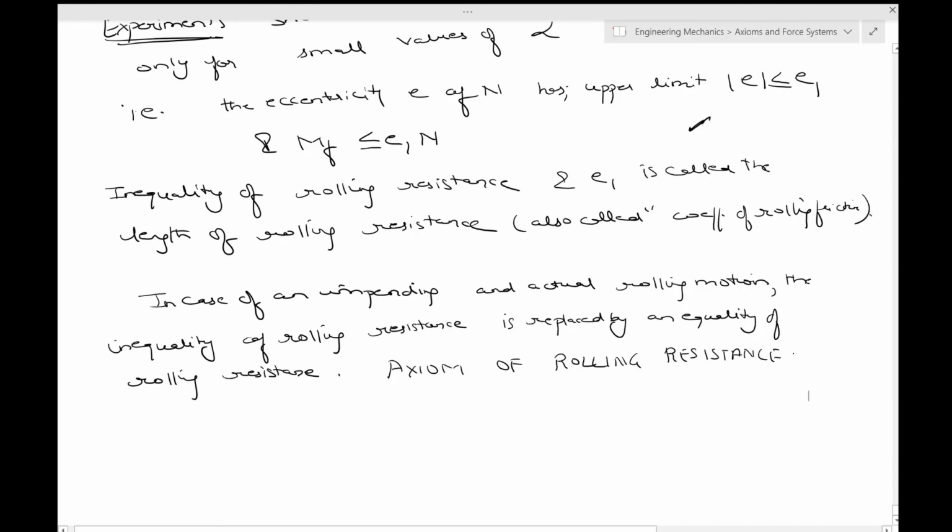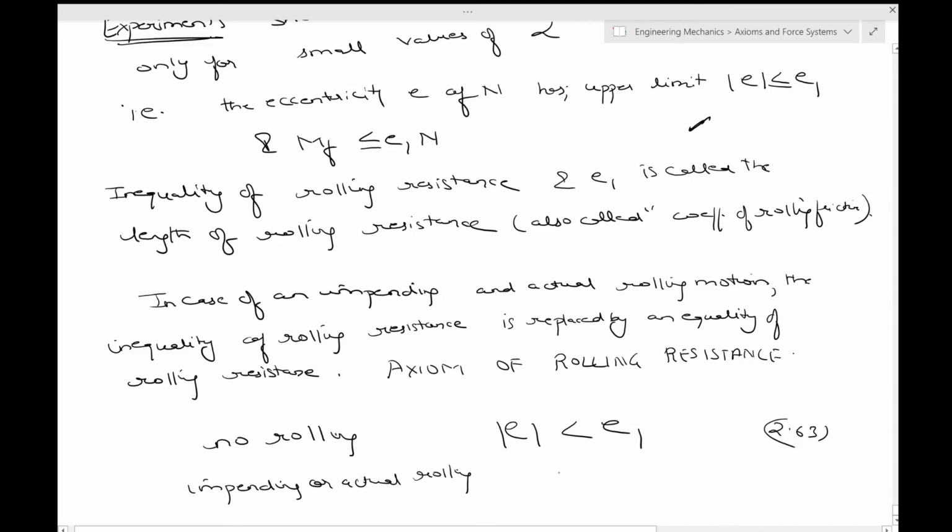So if a body tends to roll over another body, like the case which you have seen, then the resultant normal force N acts through a point at a distance E ahead of the ideal line or point of contact in the direction in which impending or actual subsequent contact occurs. So for no rolling, E will be smaller than E1, and for impending or actual rolling, E is equal to E1.